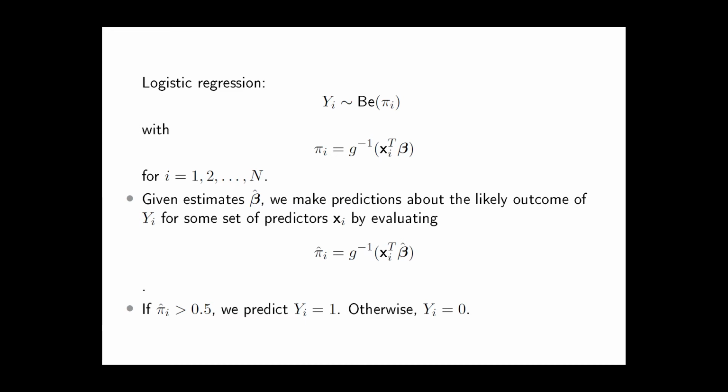Okay, so in order to construct a prediction, what you'll do is you'll plug those estimated parameters into the linear component, pass it via the inverse of the link function in order to estimate pi I, which is effectively your predicted probability of the outcome y equals 1. Okay, and in that way you can construct predictions.